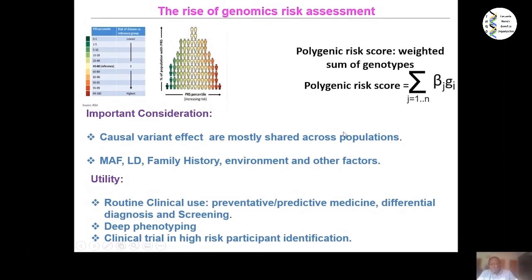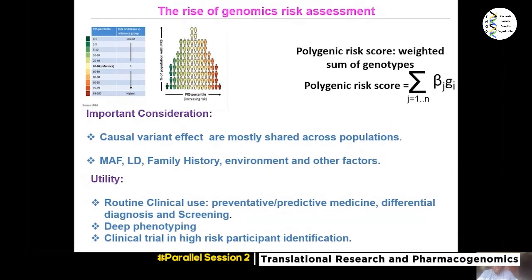As I was saying, PRS have the potential to enter routine clinical use and to enable preventive and predictive medicine, and also applications in differential diagnosis screening and deep phenotyping.